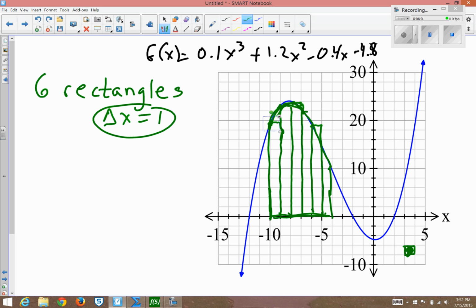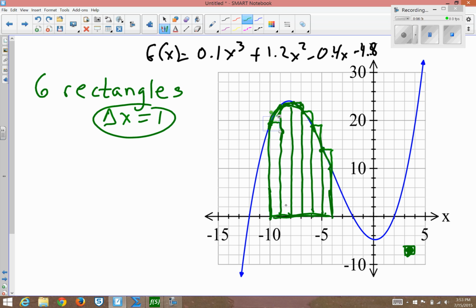I think I forgot this one right here. So I got one more. Start right here at -5. Here's the point on the curve. So you should see 1, 2, 3, 4, 5, 6 rectangles.